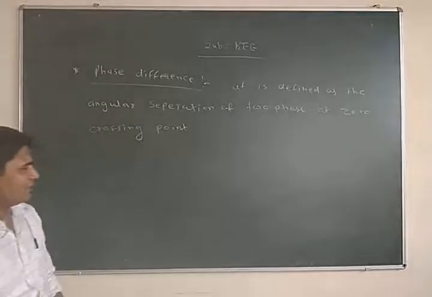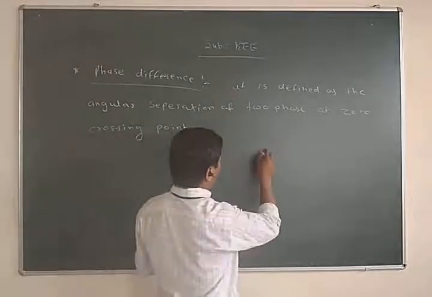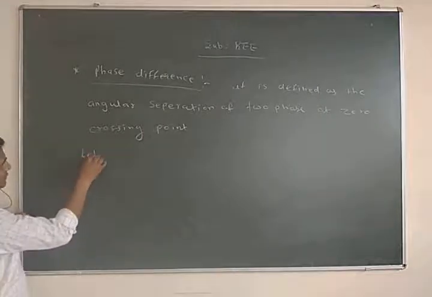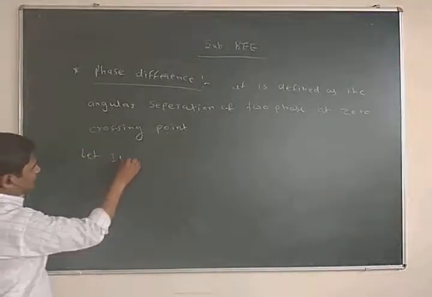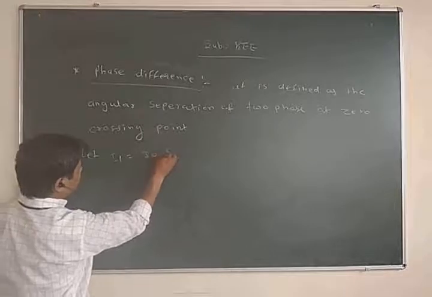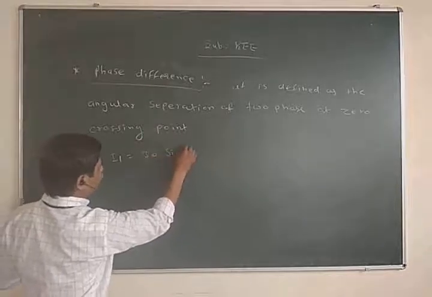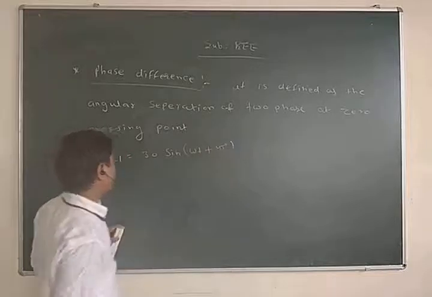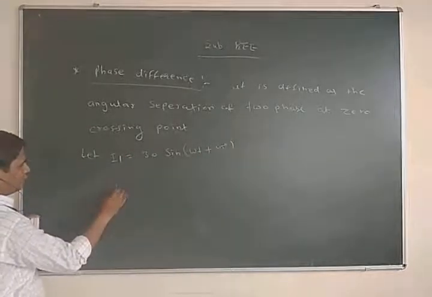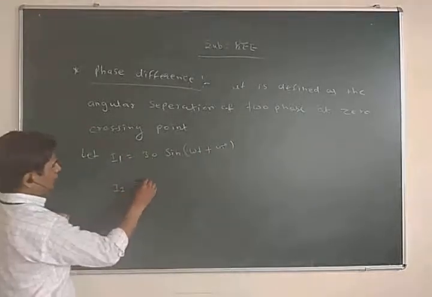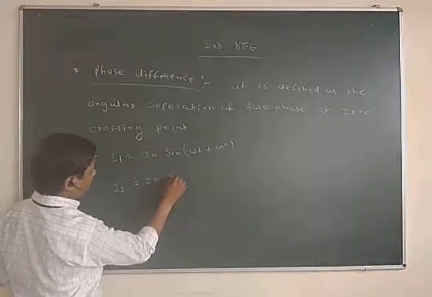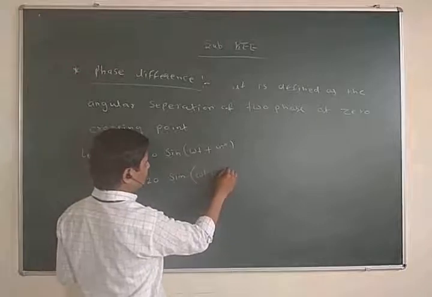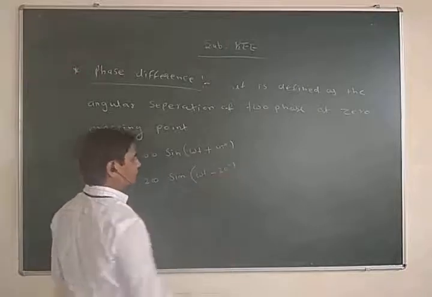Now we take an example for this. Suppose I1 is equal to 30 sin (omega t plus 45 degree) and I2 is equal to 20 sin (omega t minus 20 degree).